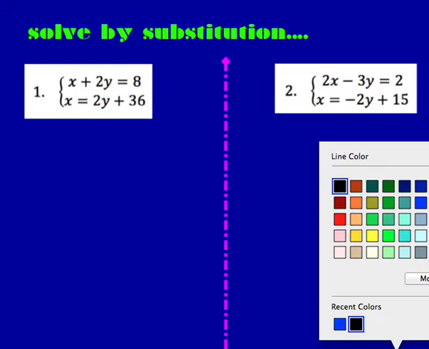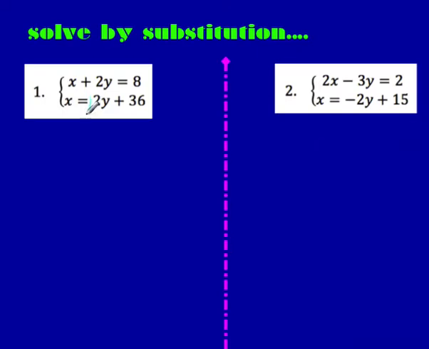What I notice first and foremost is that x is equal to 2y plus 36. So if x is equal to that, that means they are the same thing. If I'm out of school one day and you have a substitute teacher, I'm not also going to be in school that same day. That substitute teacher is going to replace me for the day. So what I'm going to do is find x in my first equation. I find x up here.